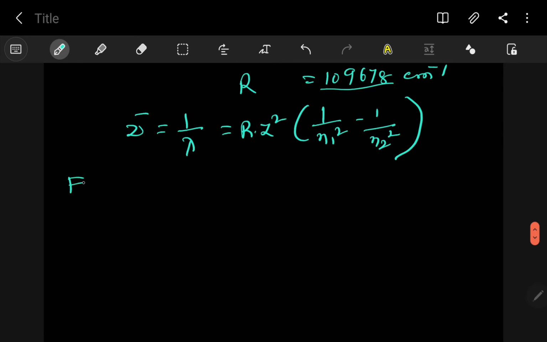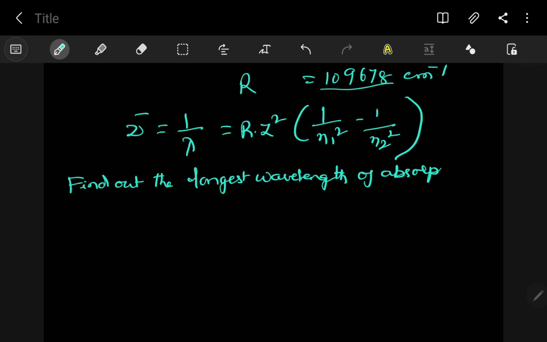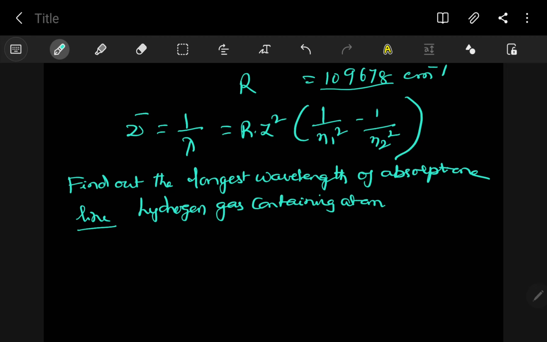Find out the longest wavelength of absorption line for hydrogen gas containing atoms in ground state.